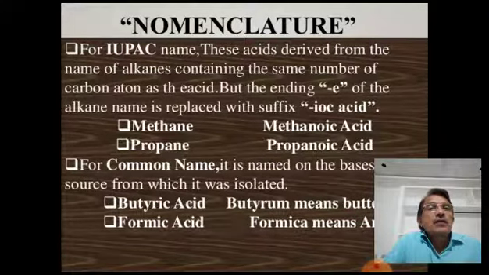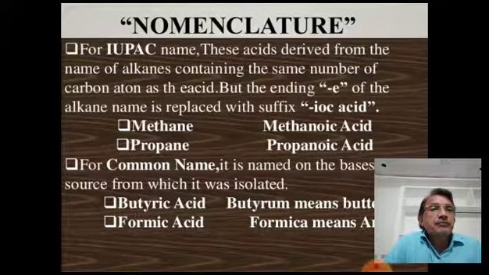Nomenclature. In IUPAC system of nomenclature, carboxylic acids are also called oic acids. These acids are derived from the name of alkanes containing the same number of carbon atoms as the acid, but the ending E of the alkane name is replaced with the suffix oic acid.